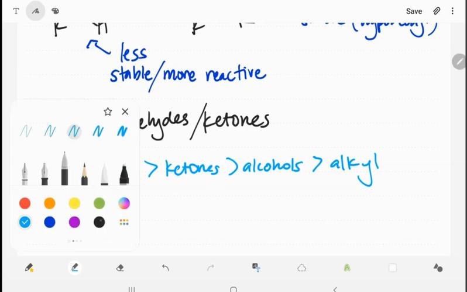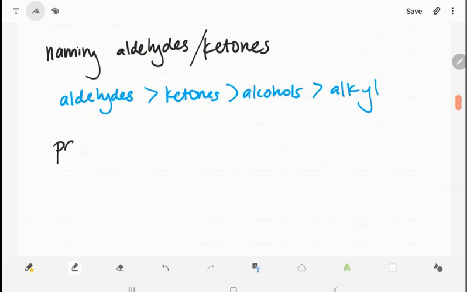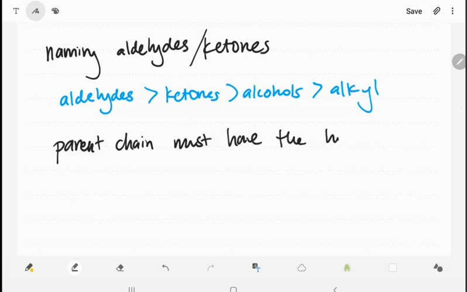So when we're naming these, the parent chain must have the highest priority group. That's kind of the first bit. So even if it's not the longest chain, it must have the aldehyde or ketone or whatever your highest priority group is of all your groups.